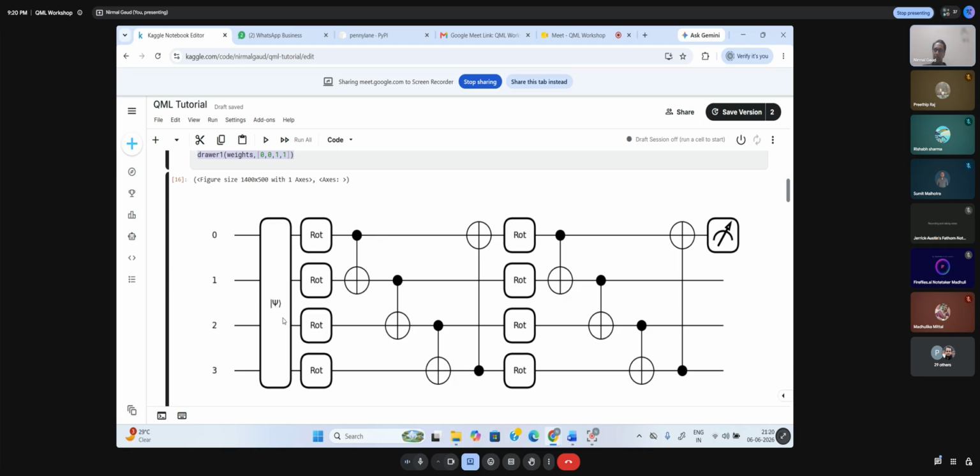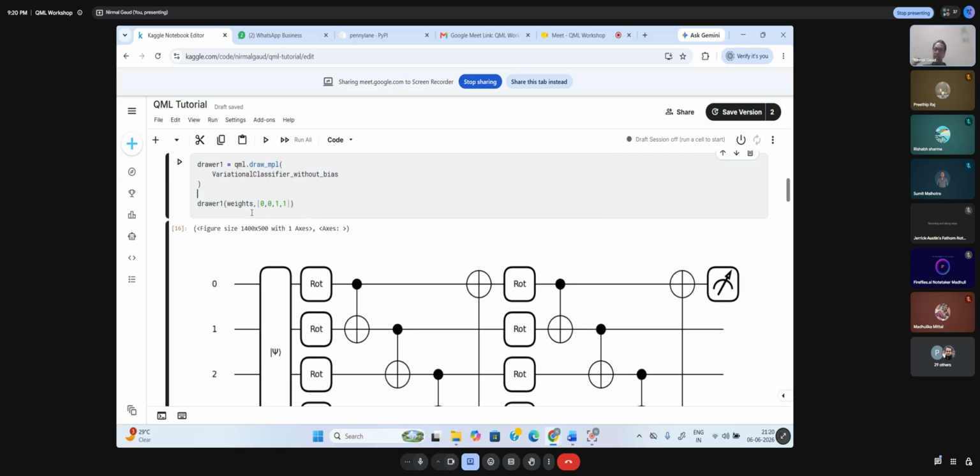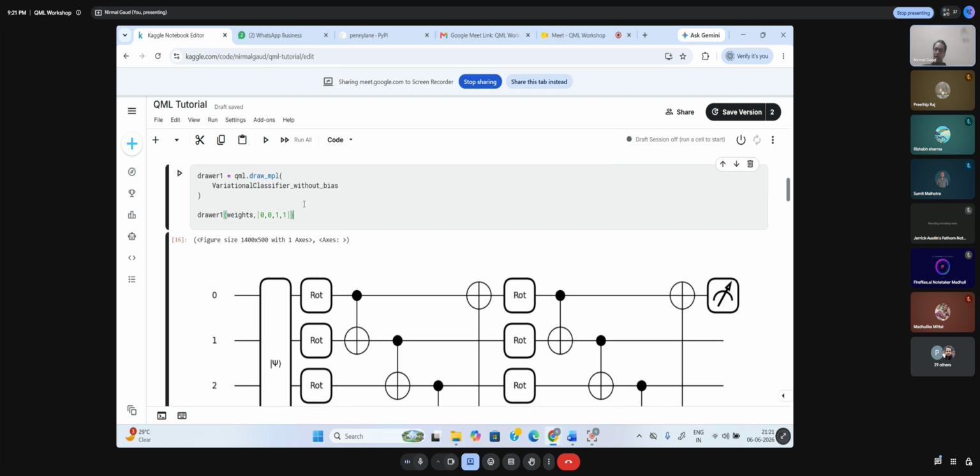This is your quantum function which will convert them into superposition quantum bits. Then only you are going to perform the rest of the task. All right, and you are giving weights and input as 0011. Draw the weights 0011 without bias.